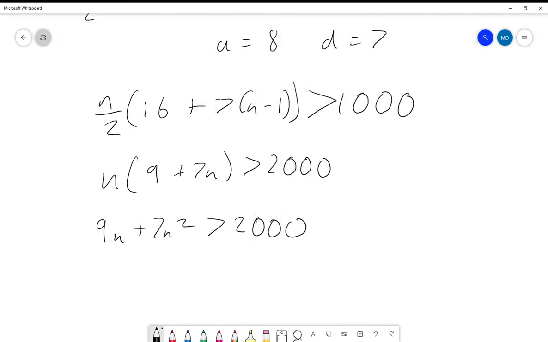And then rearranging that, we're going to get 7n squared plus 9n minus 2000 has to be greater than 0. And at this point, you can just use a quadratic solver or the quadratic formula or anything like that to get your possible answers.